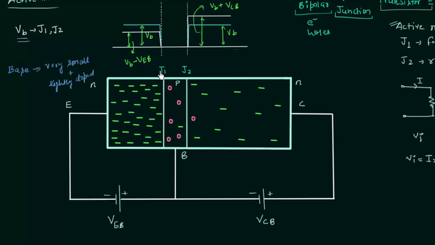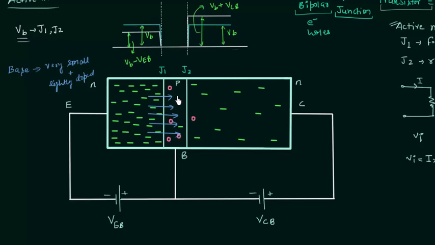Barrier potential at junction J1 is reduced, so electrons from the emitter will cross over the junction, and a very small amount of electrons from the emitter will recombine in the base because the base is very thin and lightly doped.